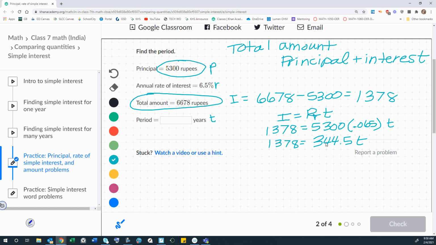So to get T by itself, I'm just going to divide by 344.5. So T will equal 1378, the interest, divided by the number I got when I multiplied the P and the R together, right? So 1378 divided by 344.5 is exactly 4. That turned out pretty.